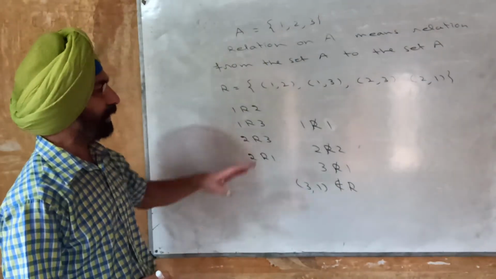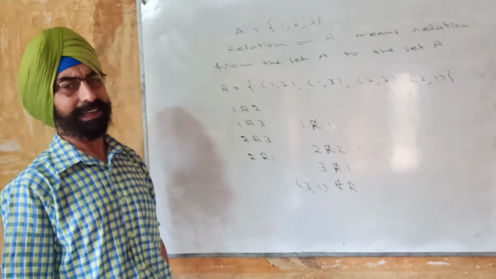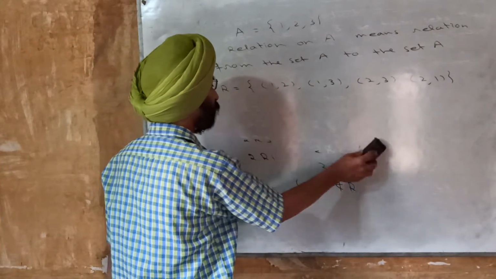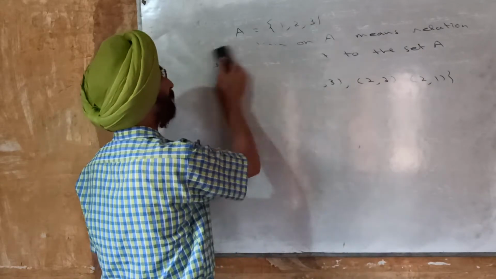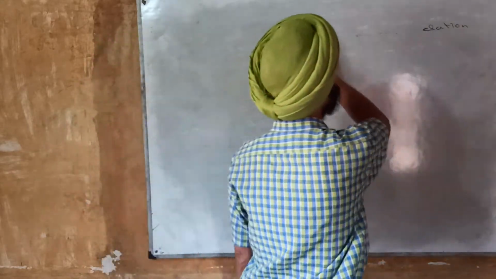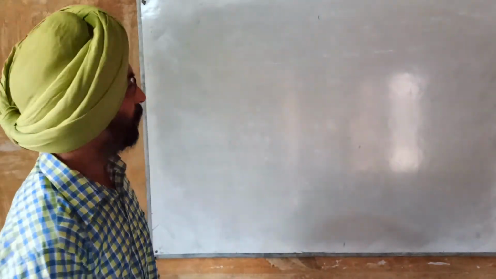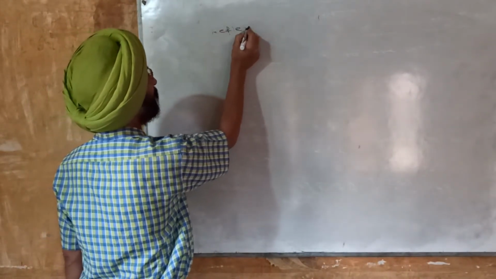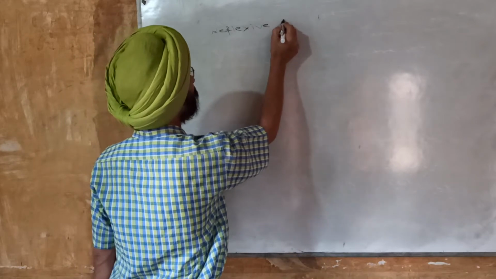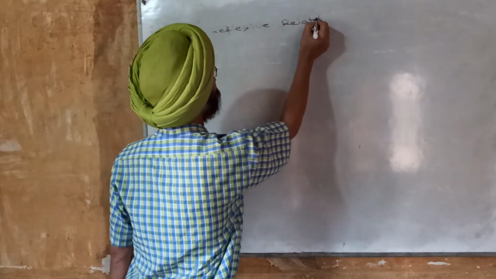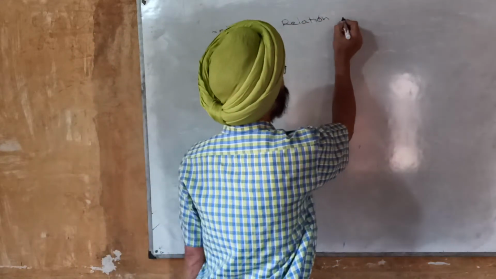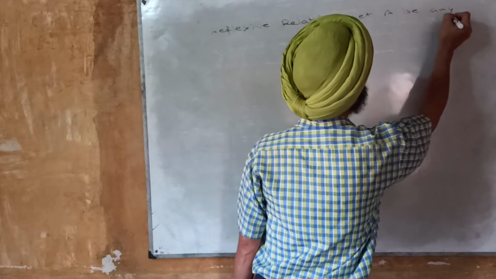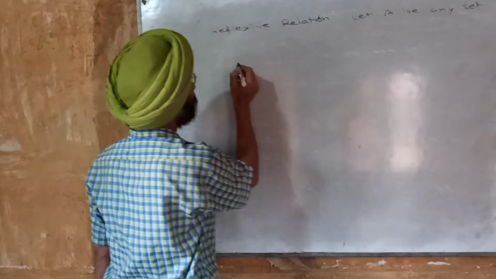So this is the general definition of a relation. Now there are types of relations. The first of those is a reflexive relation. So we define the first among them, that is, reflexive relation. Let A be any set.